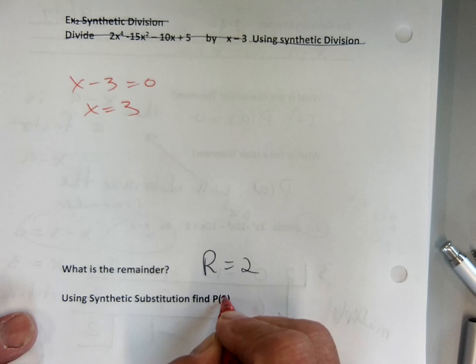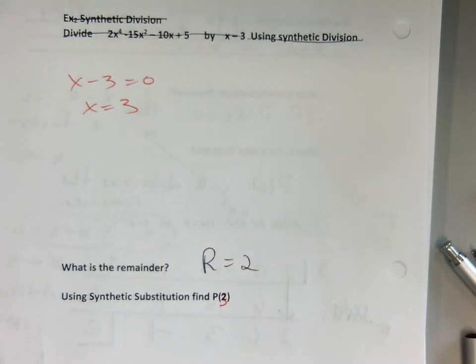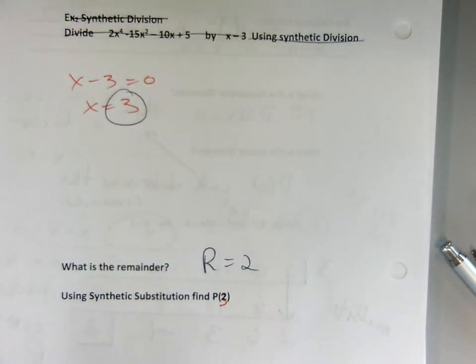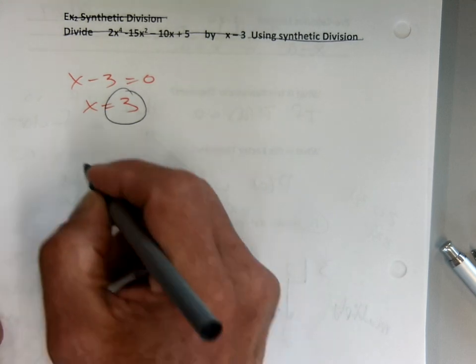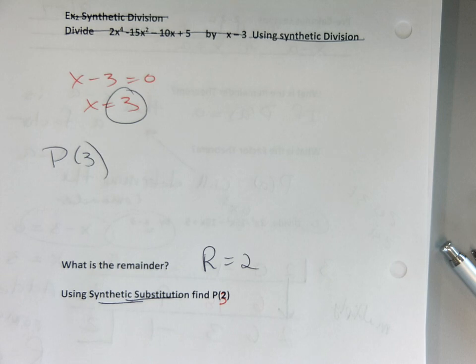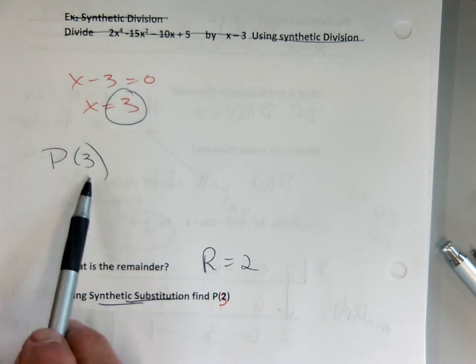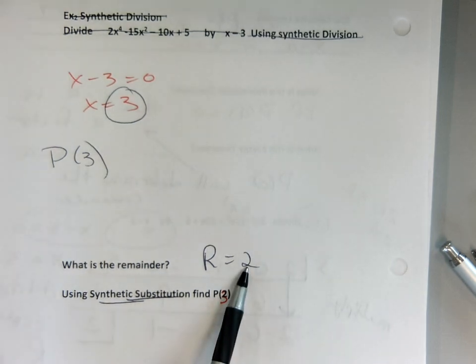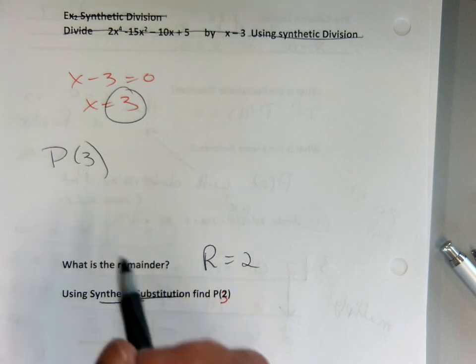So if I plug 3 in, I'm going to go p of 3. When I plug in 3, I know the answer has to be 2. I know that, and I'm going to do it, unless I make a dumb mistake, which I do often.